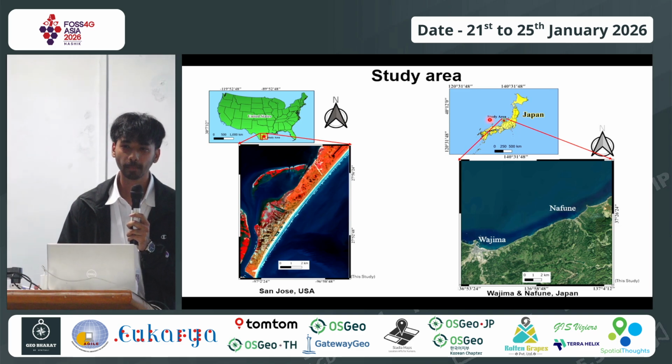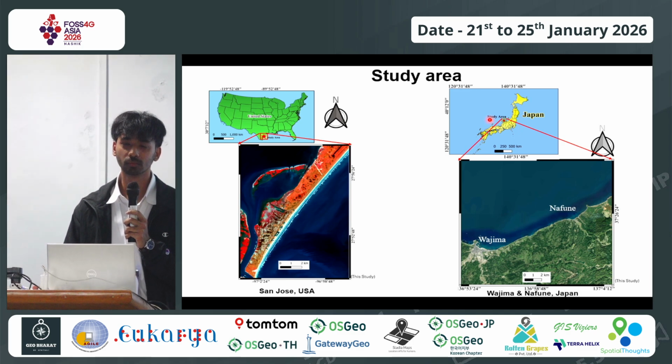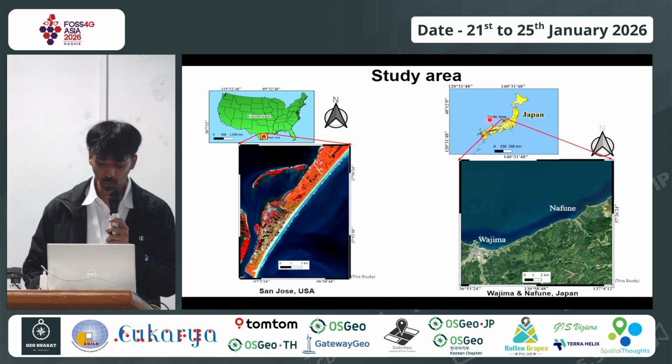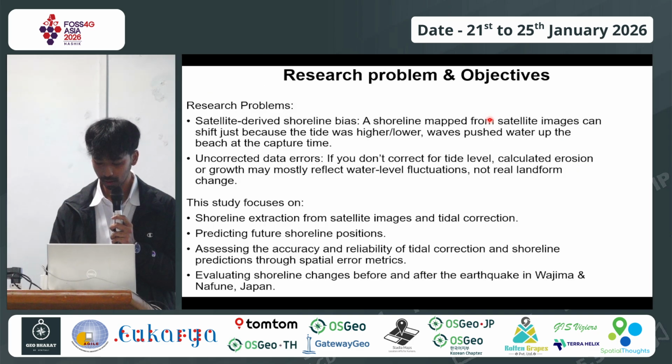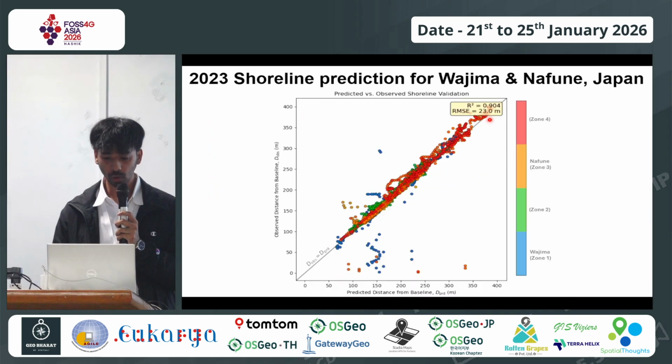So in case of a non-seismic zone where no earthquakes have occurred or will occur, a stable zone, what would be the accuracy of your prediction? So for 2023, I've done it for 2023. Here, the accuracy is almost around 0.904.